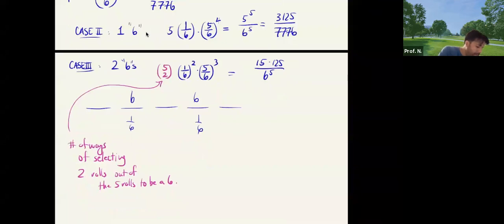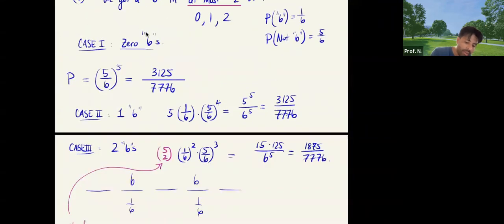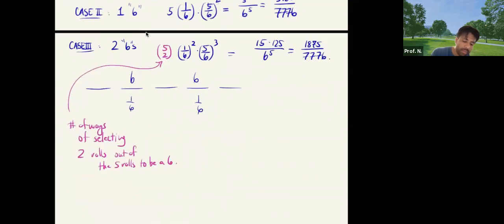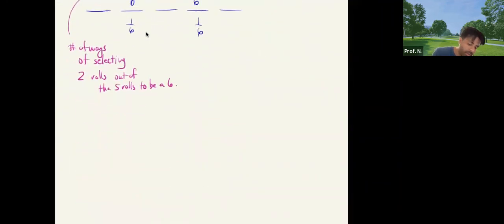So 125 times 15, that's 1875 over 7776. And because all these cases are mutually exclusive, you add them all up together to find the total probability. So what's the total probability of rolling a 6 at most 2 times?